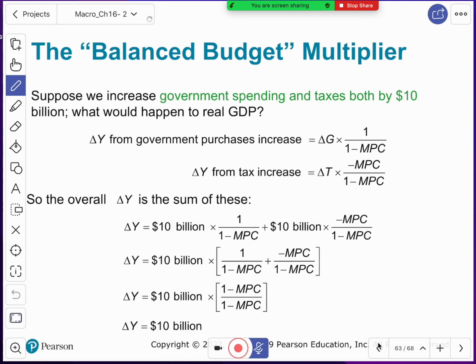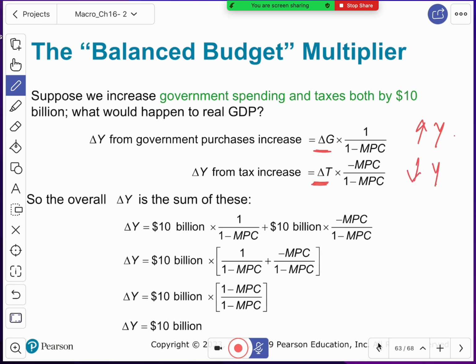Another important discussion is the balanced budget multiplier. What is the balanced budget multiplier? We know that the increase in G would increase real GDP. However, the increase in taxes would decrease GDP.